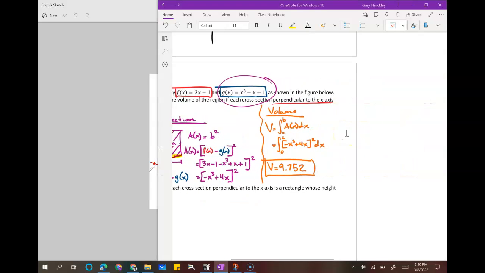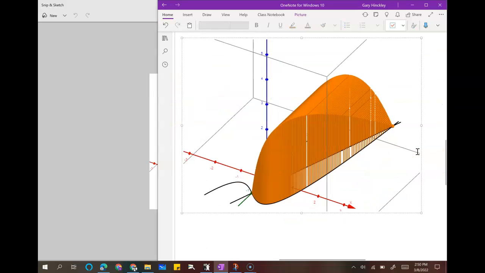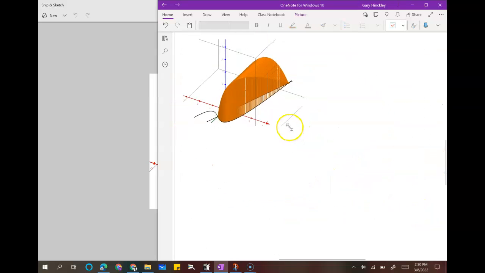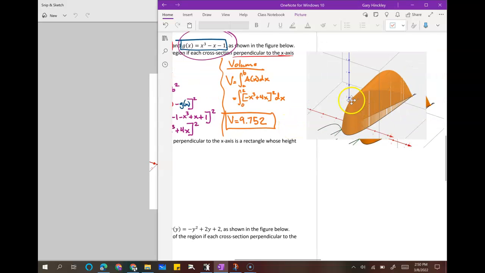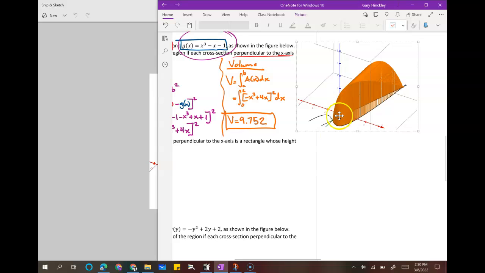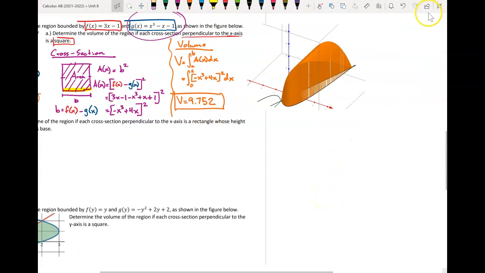And we'll go ahead and put it on the side here. There we go. Alright, so that one's good.